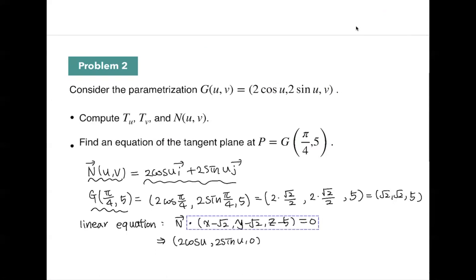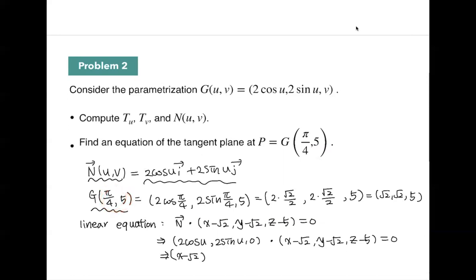Our normal vector is given by 2 cosine u, 2 sine u, and 0. I think it'll be better to find the normal vector at our given point.